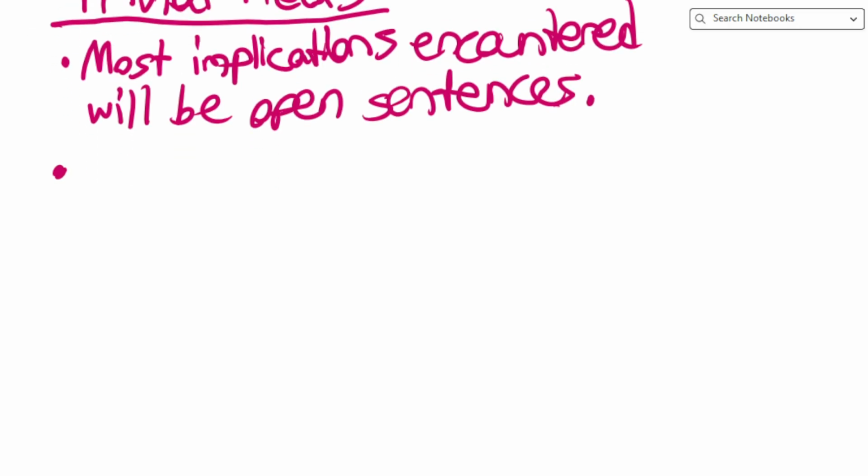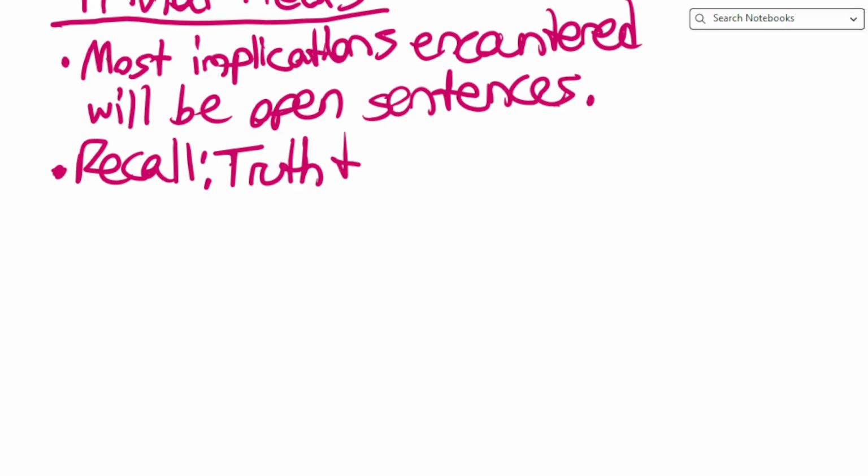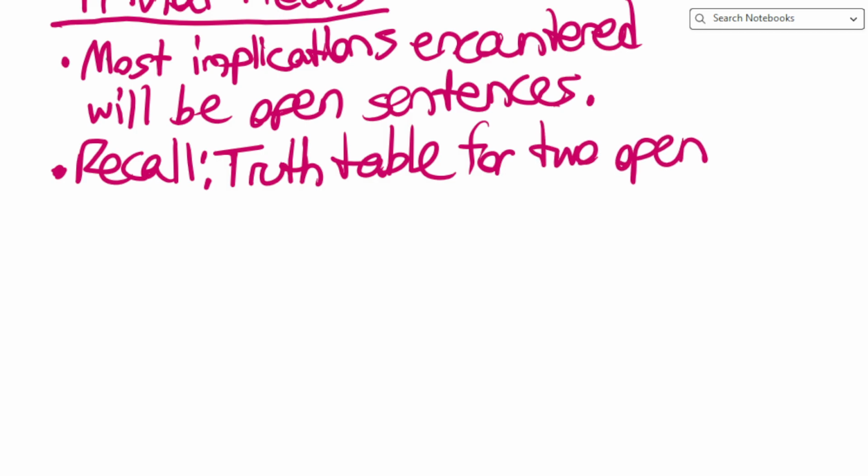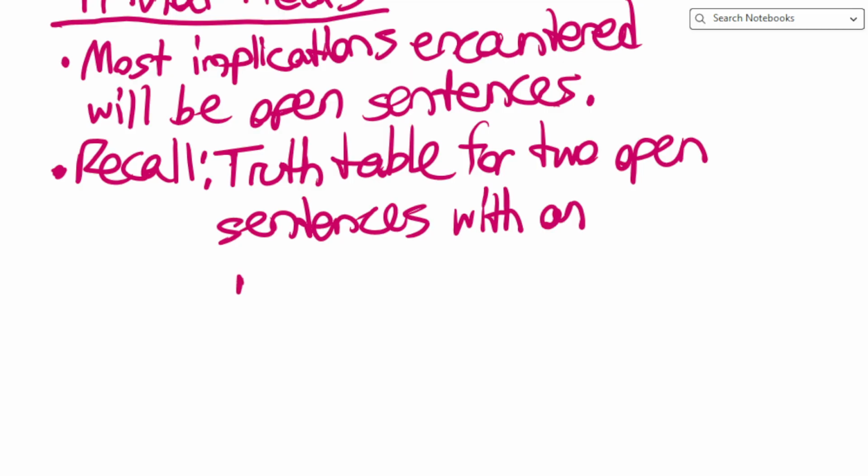So, if you can recall the truth table for two open sentences with an implication, let's draw out that truth table.